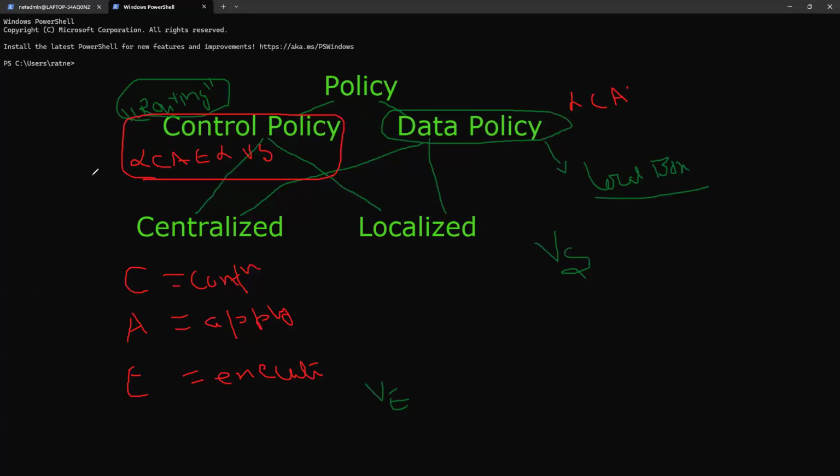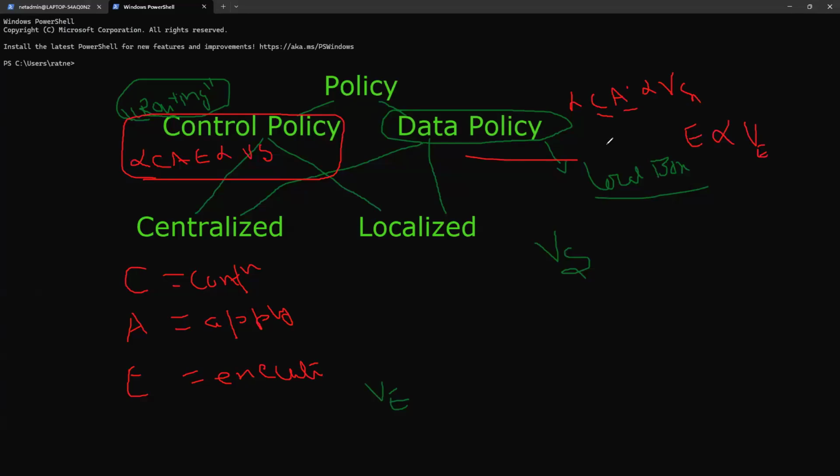Everything resides on the vSmart controllers, and the edge devices get that information via OMP update. But if configure and apply happen at vSmart, and the execution happens at the vEdge, that is nothing but the data policy.